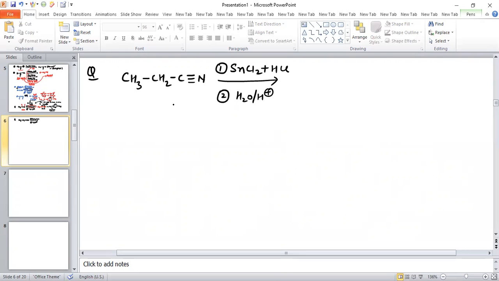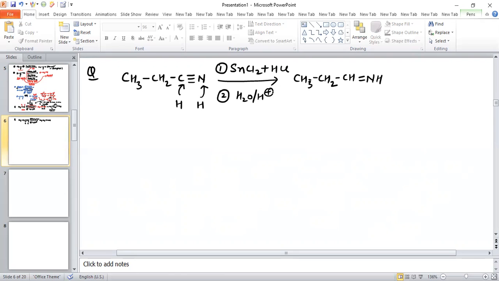This reagent provides two nascent hydrogens. So in the first step, one hydrogen is added on carbon and one on nitrogen. It will form CH3 CH2 CH double bond NH.